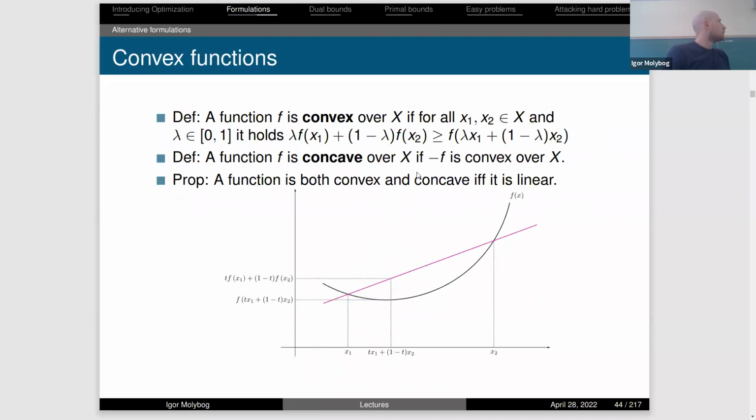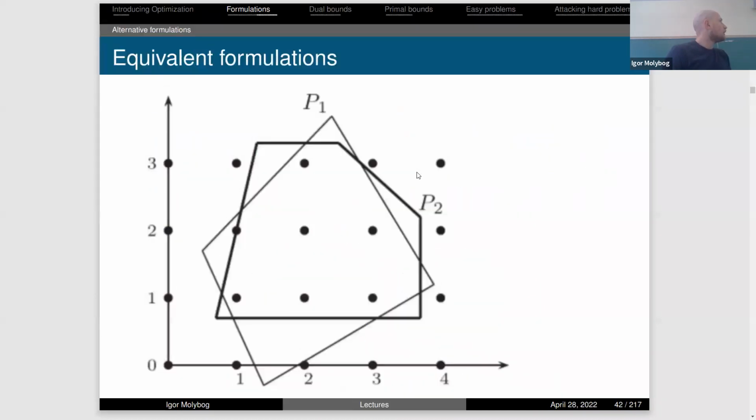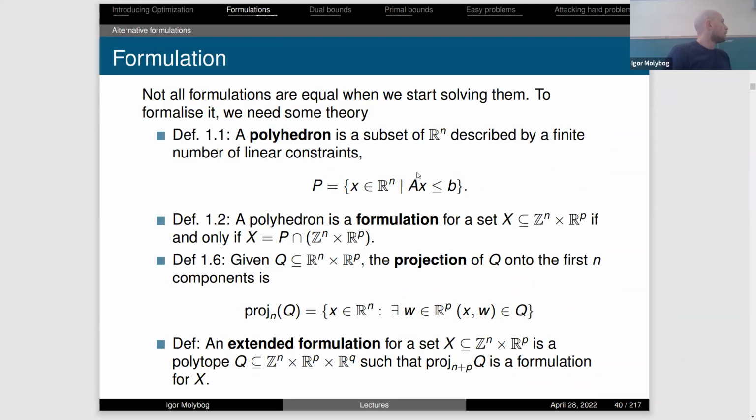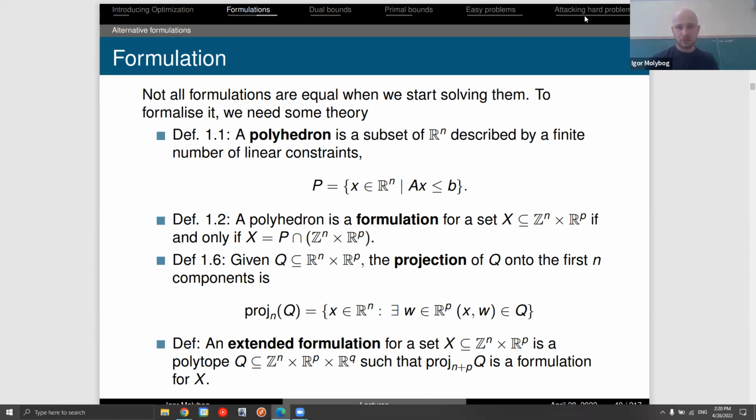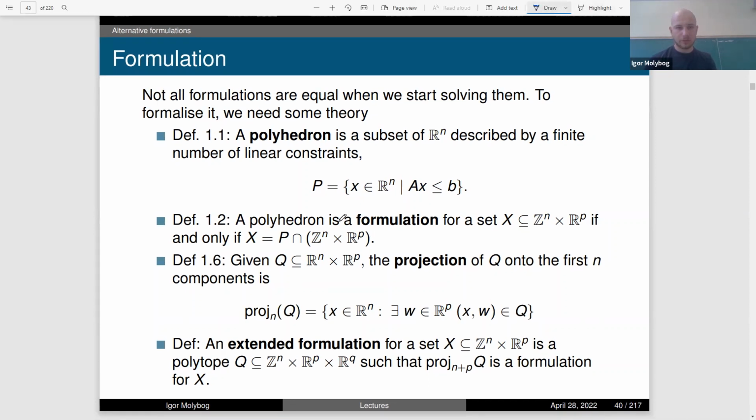Just for you to remember, a formulation for a set X, which is a mixed integer set, a subset of Z^n times R^p, is essentially a polyhedron P such that the set X is an intersection of the polyhedron P with the set of... Let me actually try to highlight what I'm talking about. So I'm talking about this definition.